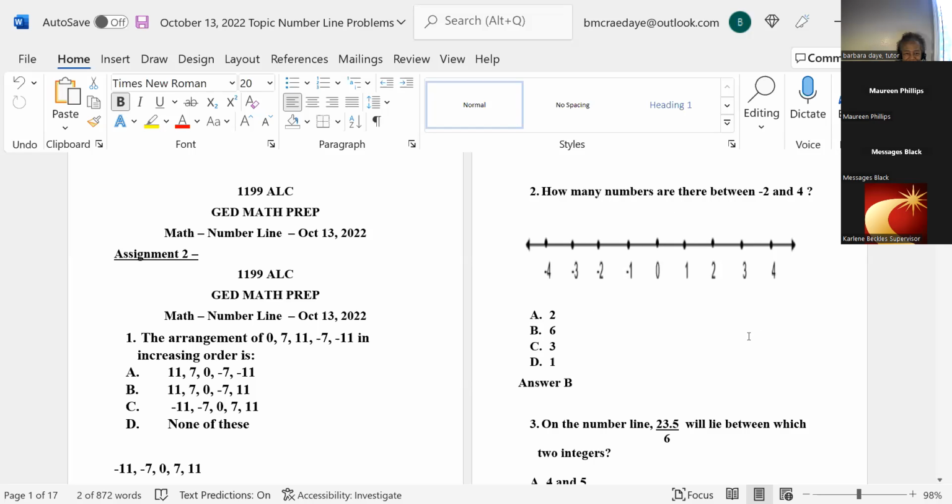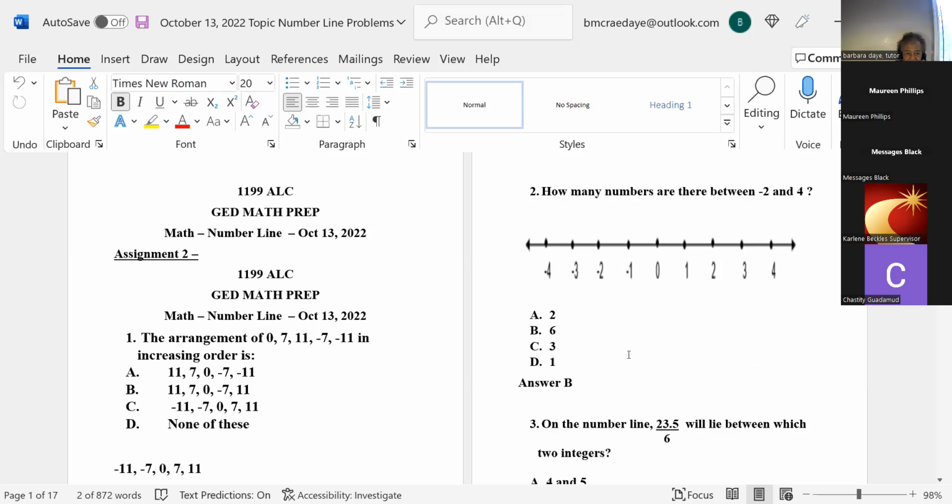I'm not sure I should count the 4. You count the first number, but not the last. But if you look on the number line, you can actually see the spaces in between, right? 1, 2, 3, 4, 5, 6.